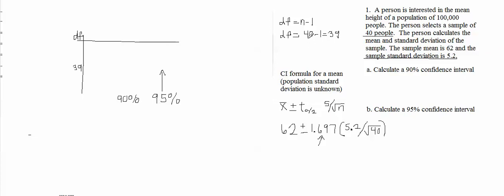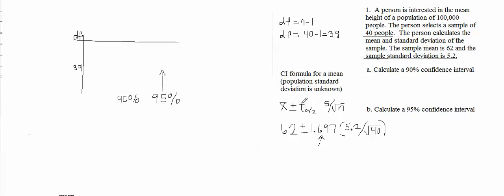So our df would still be 40 minus 1, which is 39. As I said, we would just go down to the 30th row. But now, if you're creating a 95% confidence interval, you would use this column right here that says 95%.